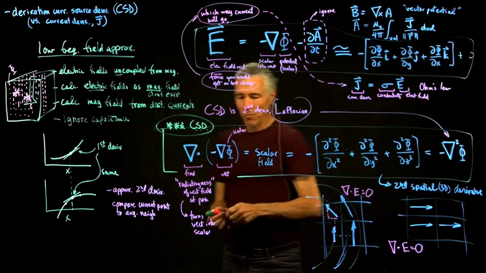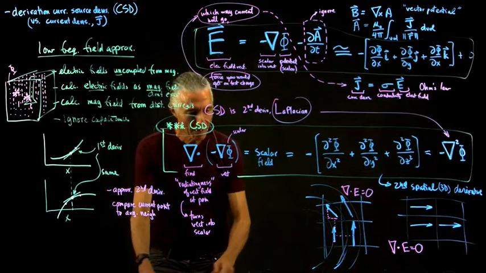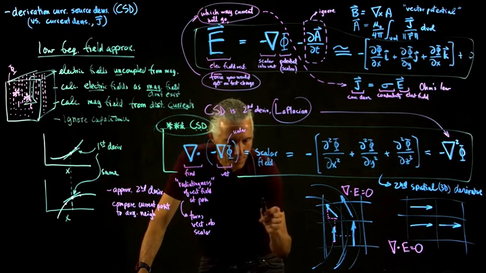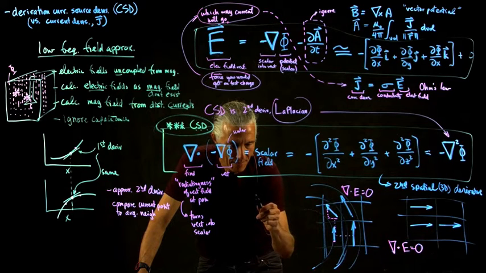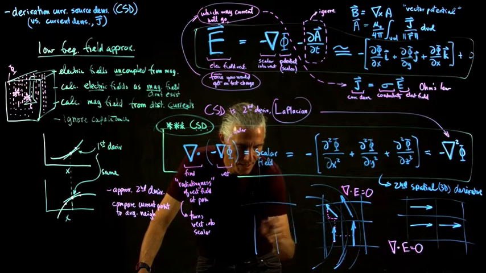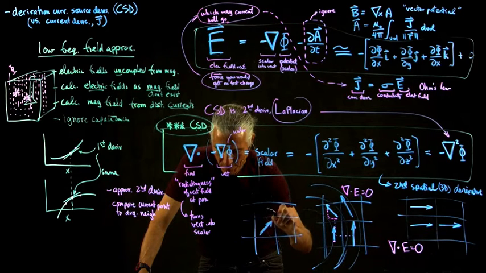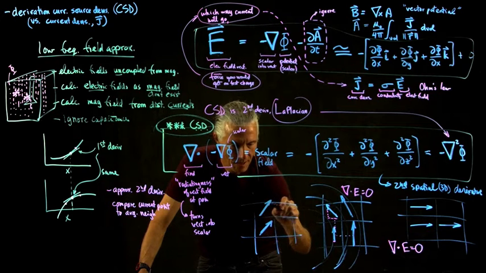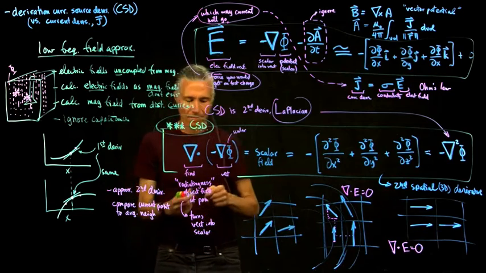And so what is the situation where the divergence would be big? It would be a situation like this, where the vectors are spreading out like that.